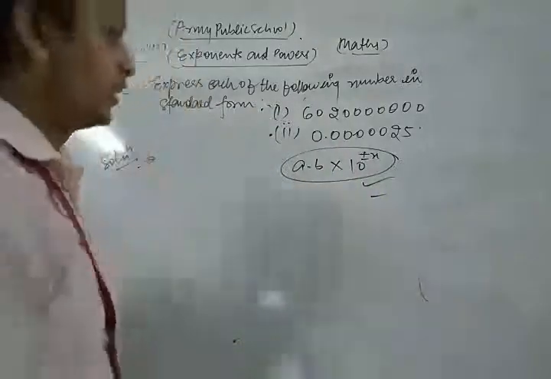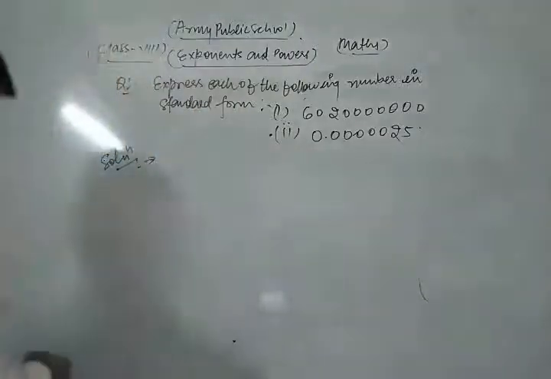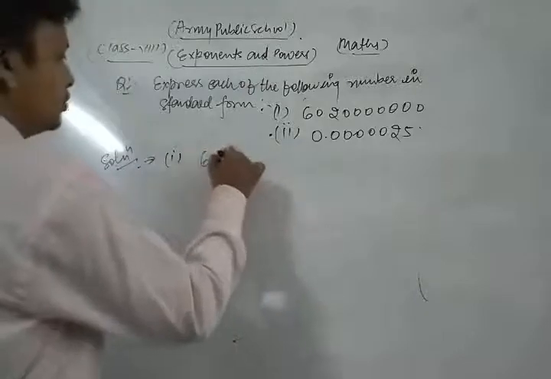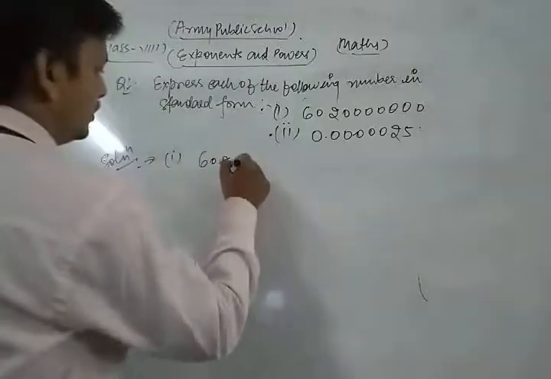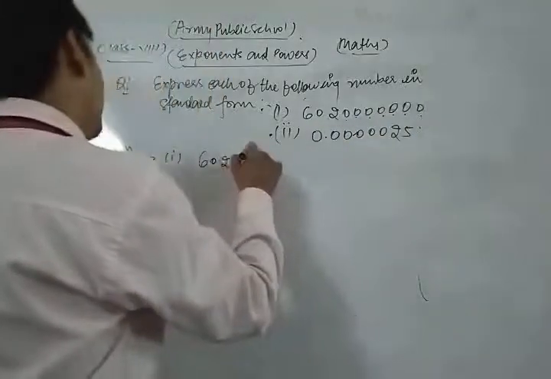So look, what I do. Let's see. Dear friends, first of all, we have the first part of this question. This is 602 followed by 1 2 3 4 5 6 7 digits. So we can write it as 602 into 1 2 3 4 5 6 7.